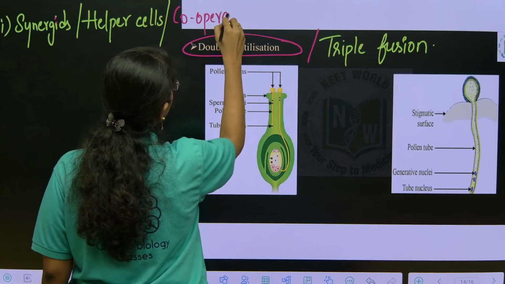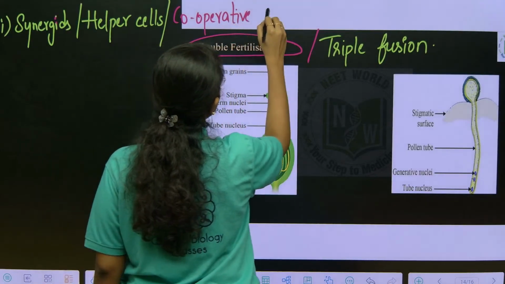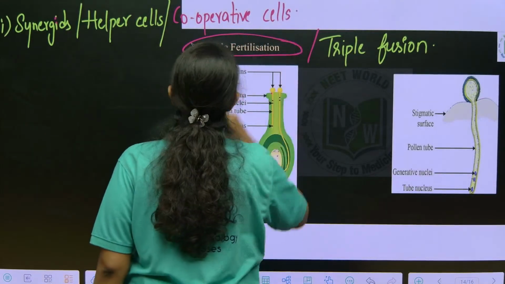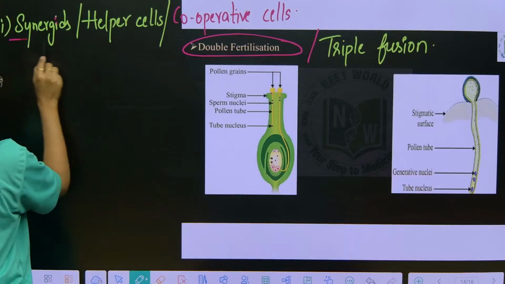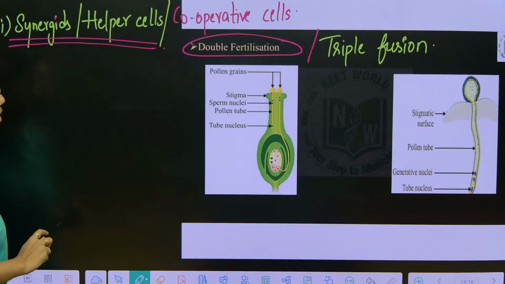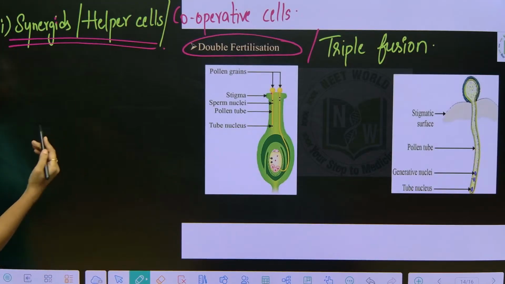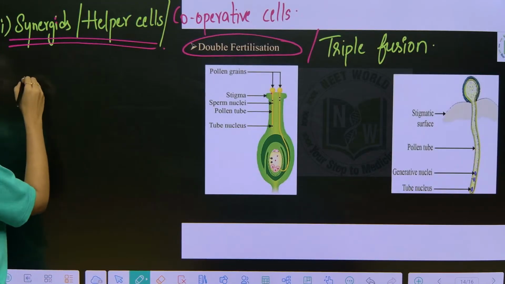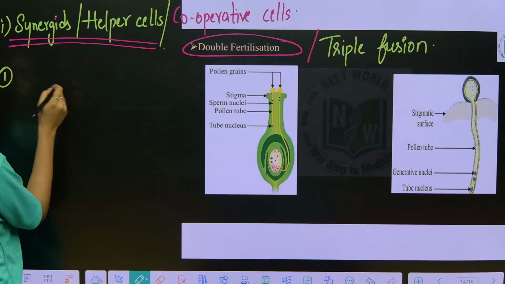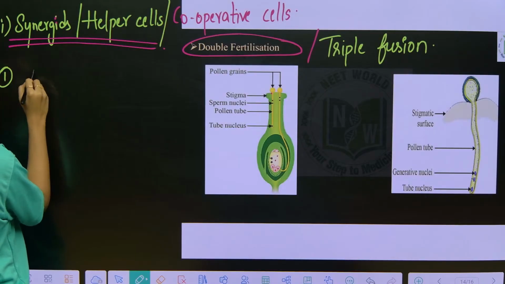From the synergids, the pollen tube will enter into the embryo sac through the filiform apparatus. Here, one synergid and filiform apparatus will degenerate.